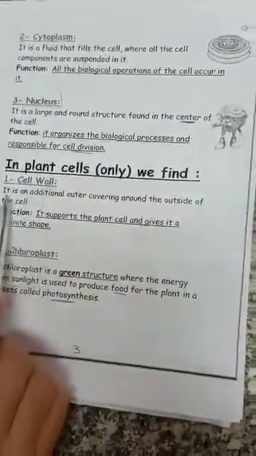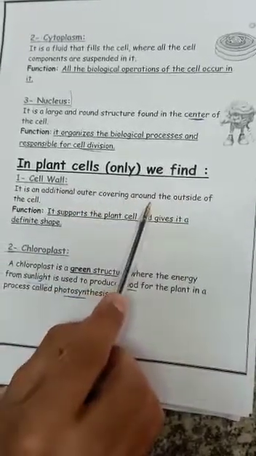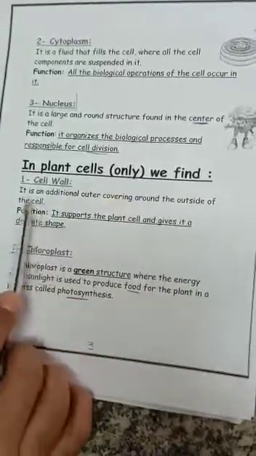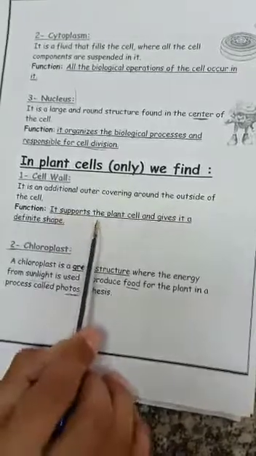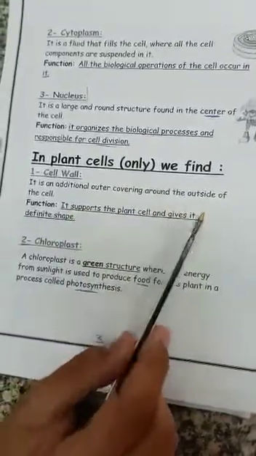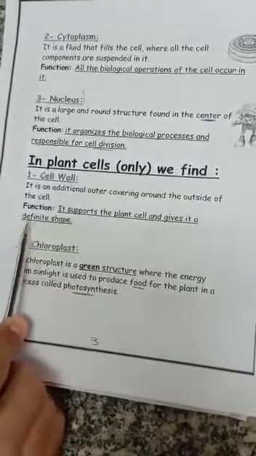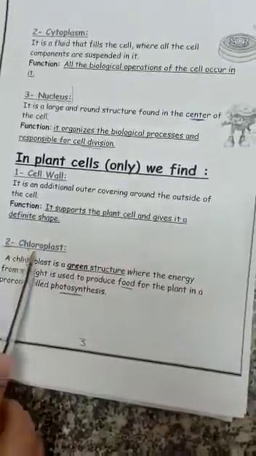Cell wall is an additional outer covering around the outside of the cell. What is the function of the cell wall? It supports the plant cell and gives it a definite shape. Definite means constant, meaning it does not change. Number two, chloroplast.